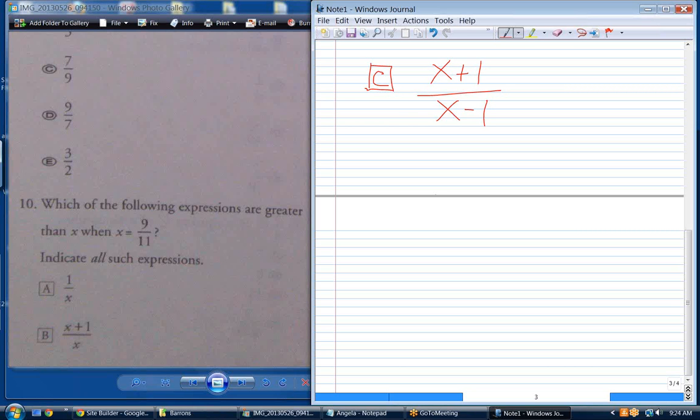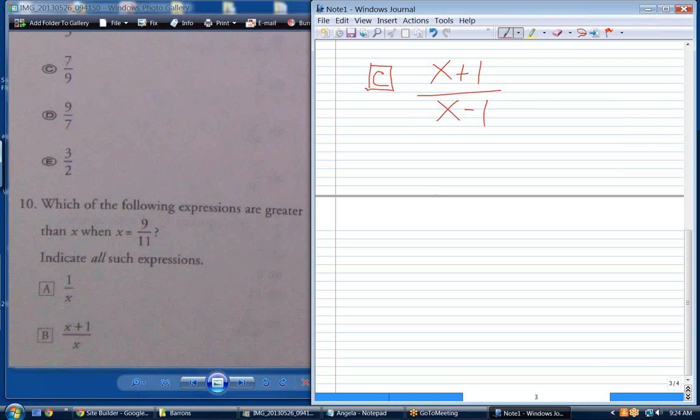Okay, it looks like A would be bigger. I believe B would be bigger, if I did that correctly. And then C. C would end up being negative?